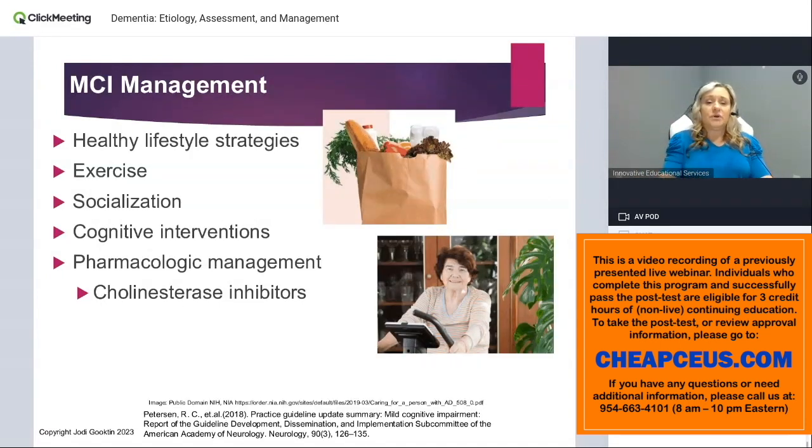For management strategies for someone presenting with this, it could be due to an underlying condition. There are sometimes underlying illnesses, depression, anxiety, potentially thyroid disease, that just lead to that cognitive impairment. And if those things are identified and managed, then we might see these symptoms of mild cognitive impairment diminish.